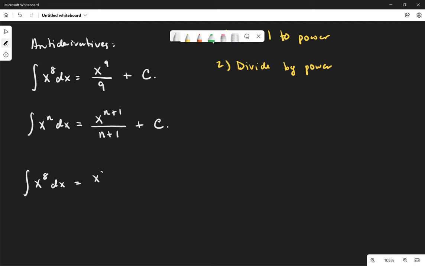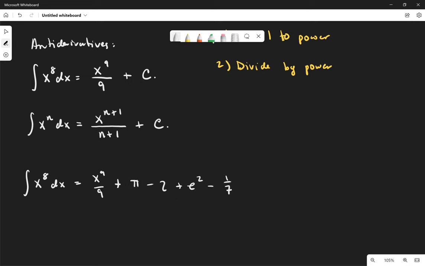But apart from that, it's x to the 9 over 9, but there's another function that I can take the derivative of, and I get x to the 8th. What about plus 2? If I take the derivative of this, the 2 goes to 0. If I take the derivative of this with minus 10, this is also a function whose derivative is x to the 8th. I can add on any number on here. I can do plus pi, minus 2 plus e squared, minus a 7th.